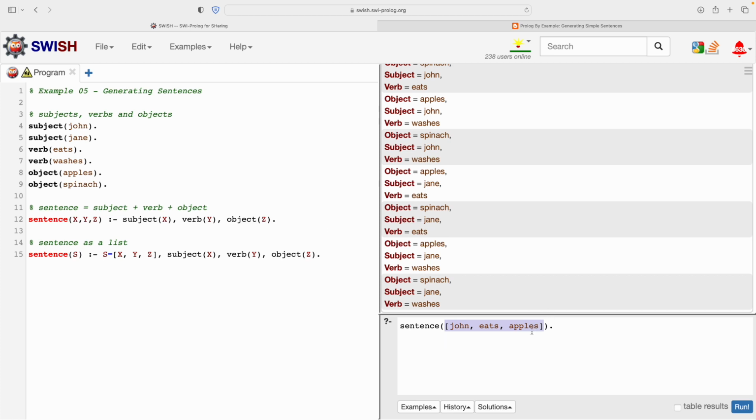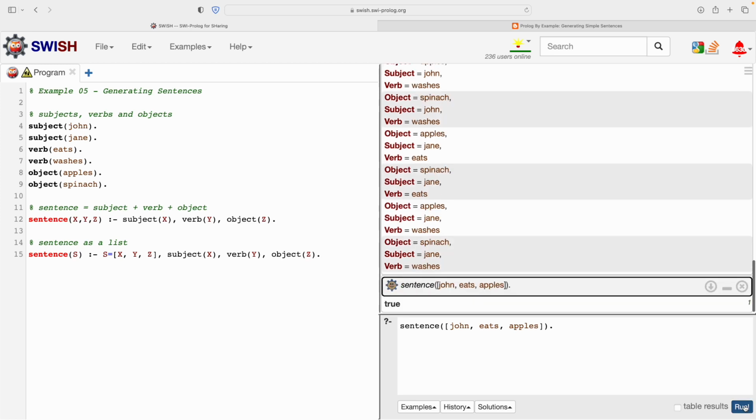So that's what we're passing, and because it's one thing, it will match this definition. It won't match this definition anymore because there are not 3 things between the round brackets. So this is a list, S, and inside it are 3 things, X, Y, and Z, and they have to be subject, verb, object. Let's run that, and it's saying that's true.